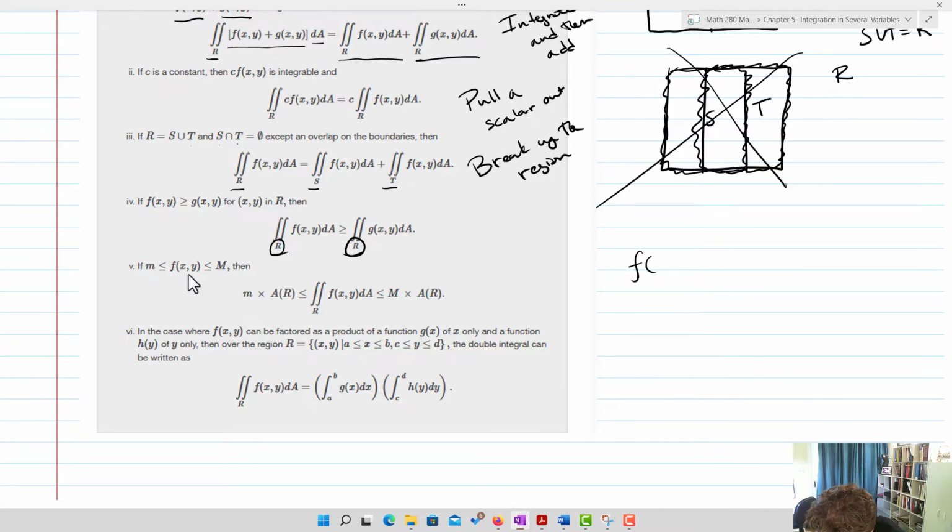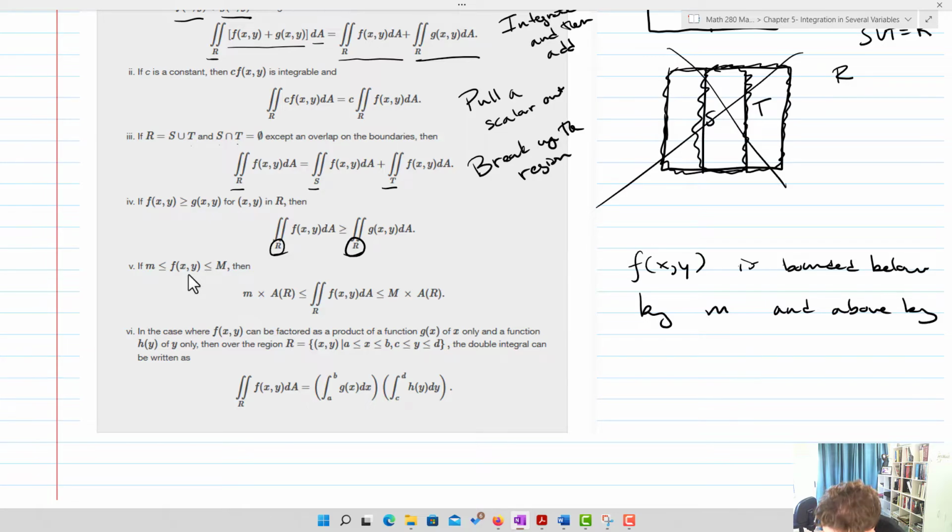That is, f of xy is bounded below by little m and above by big M. Then what that tells me is, imagine m is just a value, and if we multiply it by the area of the region R, that's going to be less than or equal to our double integral over that same region, which is going to be less than or equal to big M times the area of that same region.